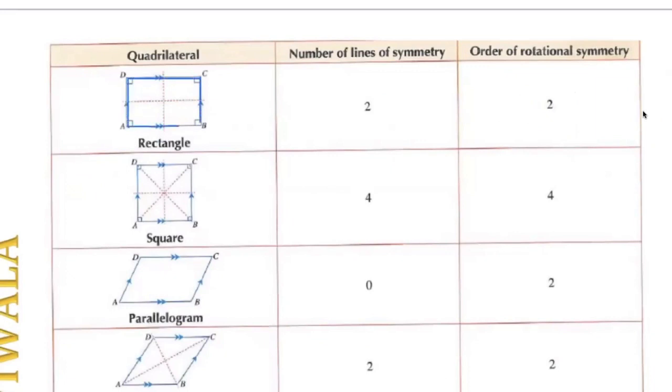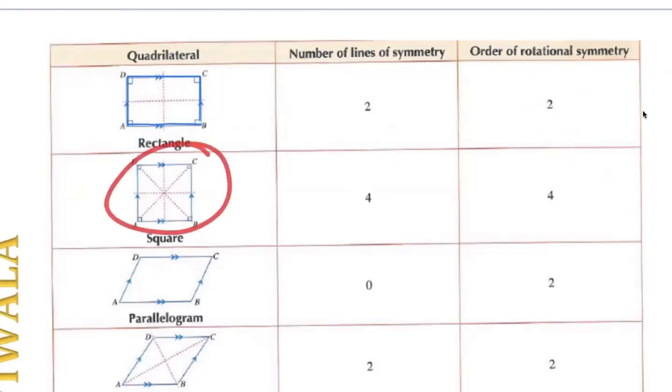So in 360 degree, it needs to be turned twice. Rotating 360 degree, you get the same rectangle, so the order of rotational symmetry for a rectangle is 2.